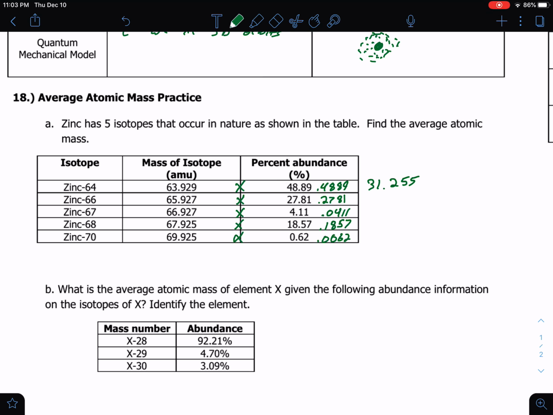Then I'm going to do 65.927 times 0.2781. That gives me 18.334. Then 66.927 times 0.0411, and that gives me 2.751.